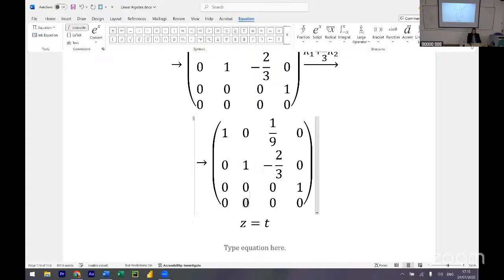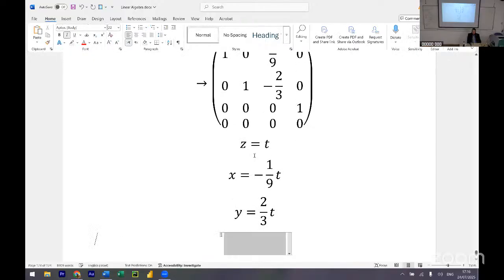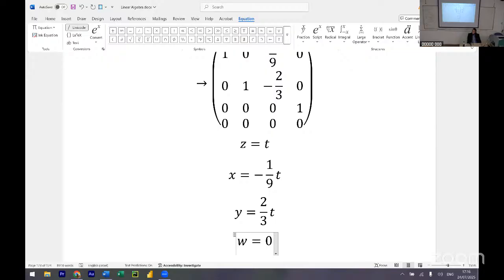X is minus 9t. Y is 2/3 of t. Z is t, we said, and W is 0.